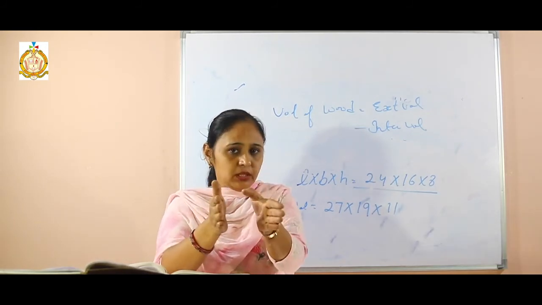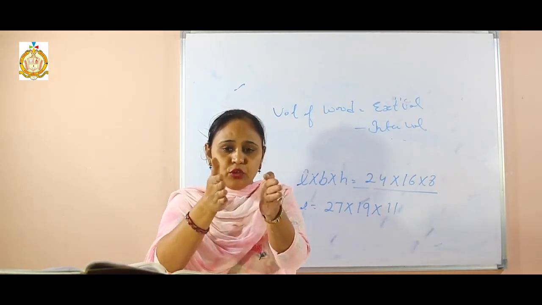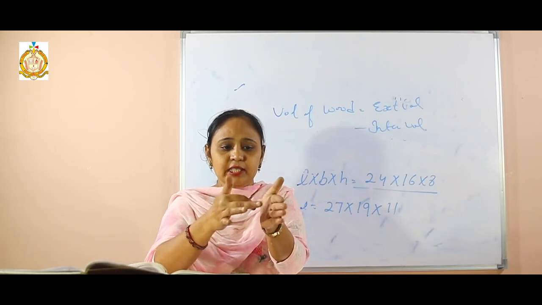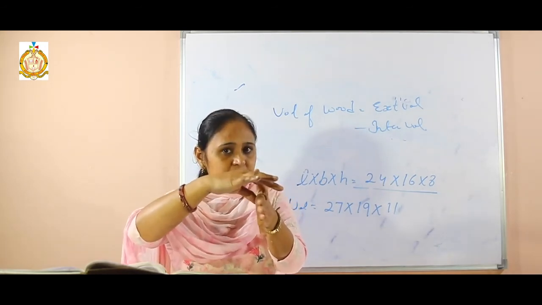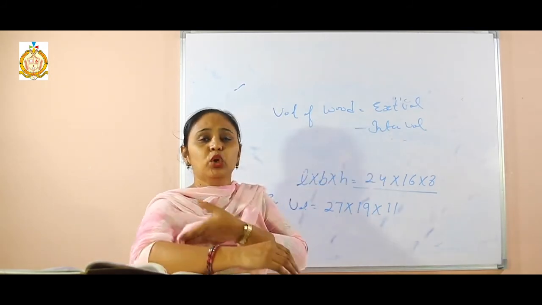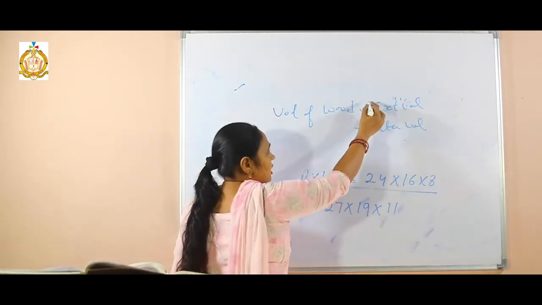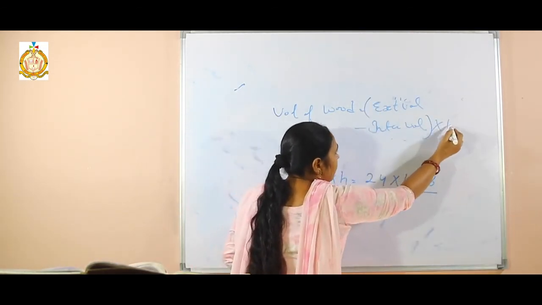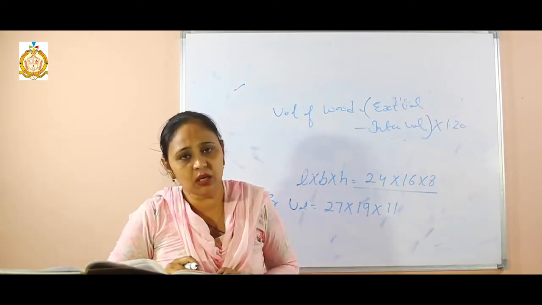When I do not remove that, then this part is also there. From this whole part, if I subtract this empty part, only this would remain. That means external minus internal. That becomes the volume of the wood, and I want to find the cost. This volume, external minus internal, multiply 1.20. That becomes the cost of the wood.